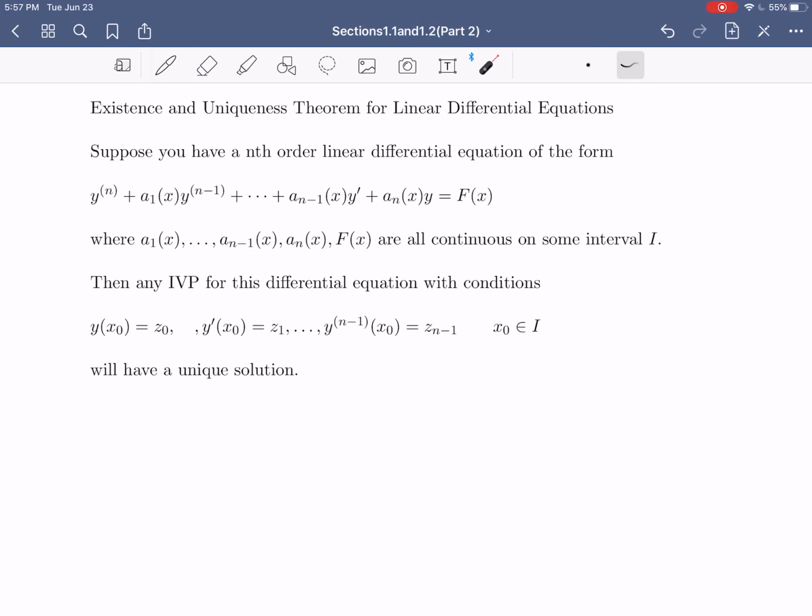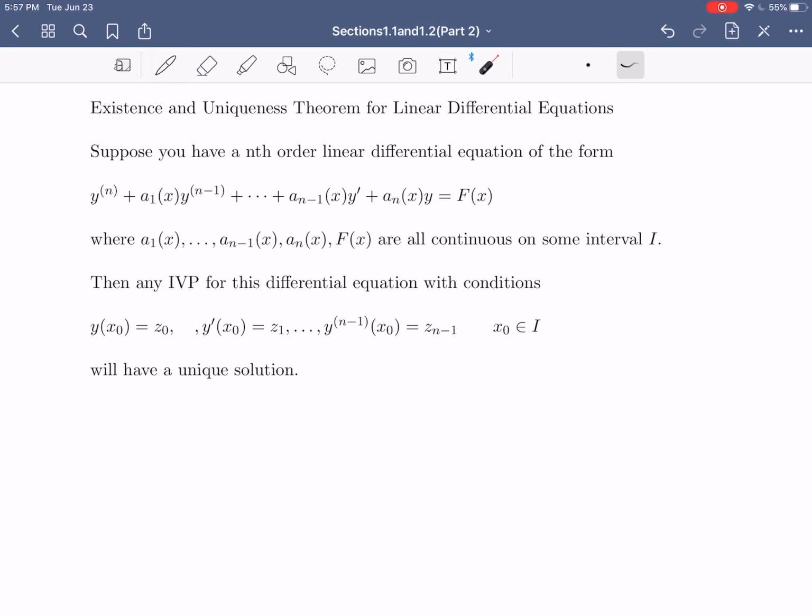Now, this is an incredibly powerful and important theorem because it's guaranteeing two things, even though it only says we'll have a unique solution. By saying will have, that guarantees that a solution exists. And by saying unique solution, that means that there's only one solution. So in other words, the way that you can sort of say this informally is that for nth order linear differential equations, every IVP has unique solutions.